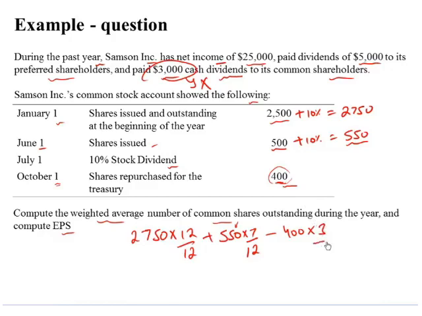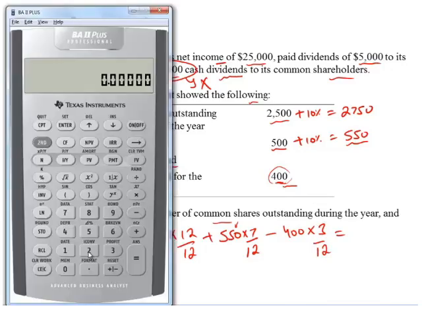So minus 400 into 3 by 12 will give us the weighted average shares outstanding. I will start by saving 2,750 that have been outstanding for the entire year in the memory register 1, and then calculating 550 into 7 by 12.